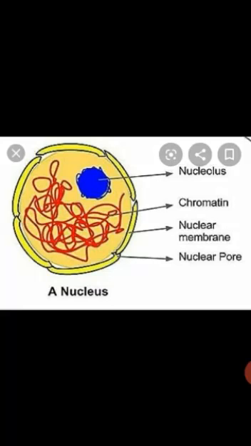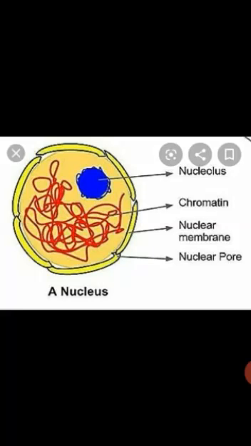So a nucleolus consists of RNAs and proteins that help to synthesize ribosomes. Now ribosomes are very important cell organelles present in the cell because they help in the protein synthesis. So nucleolus with the help of RNA molecules synthesize ribosomes.